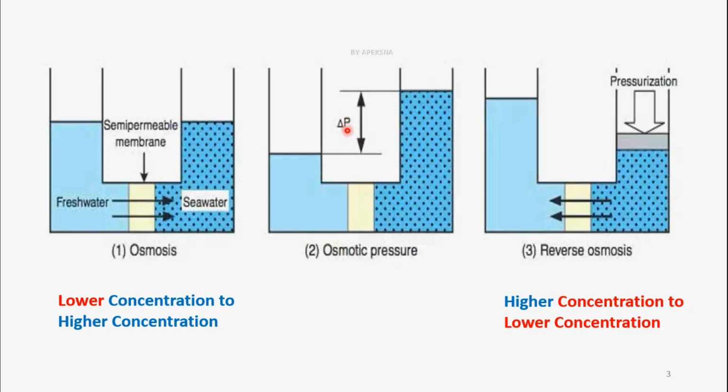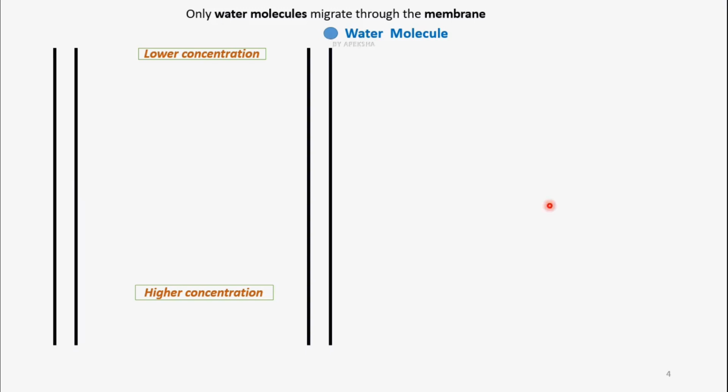Suppose that is delta P. If we apply a pressure greater than delta P, that is the osmotic pressure, the process will be reversed. It means यहाँ पर pressure डालेंगे higher concentration की तरफ, तो जो movement यहाँ से lower to higher हो रही थी, तो अब water molecules higher concentration to lower concentration move करेंगे by the semi permeable membrane.